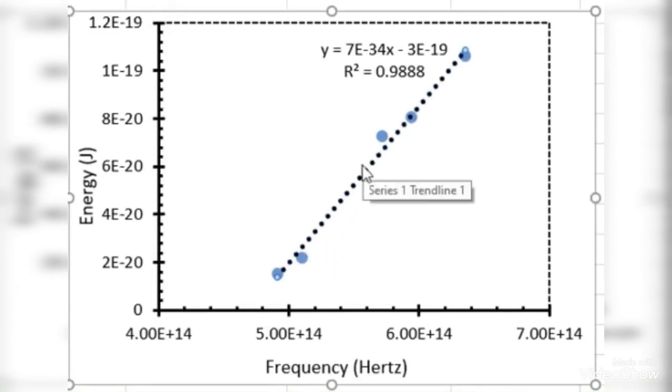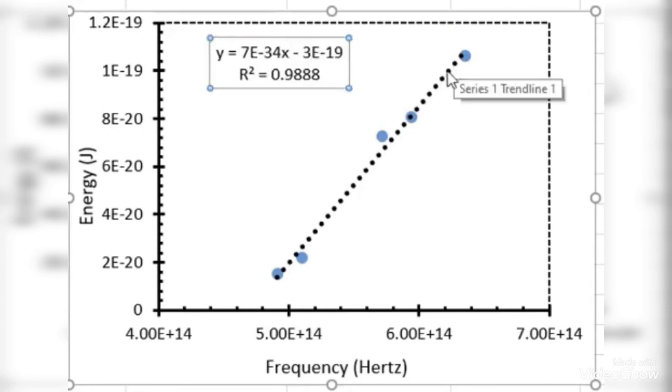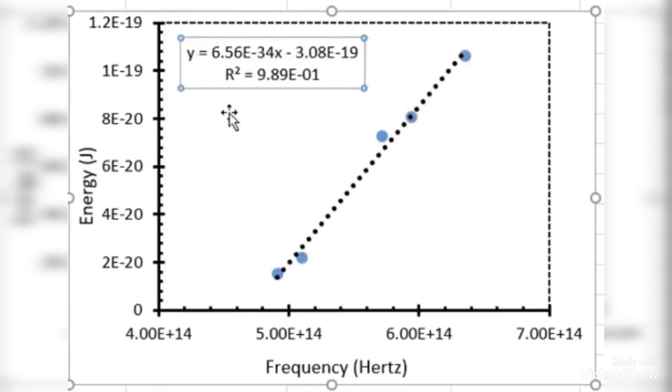You see this black dotted line now represents the trend line to our data, and here we have the line equation for this trend line. This is the linear fit for our data, and we can also make this line equation shown as a scientific value so that we can see it better.